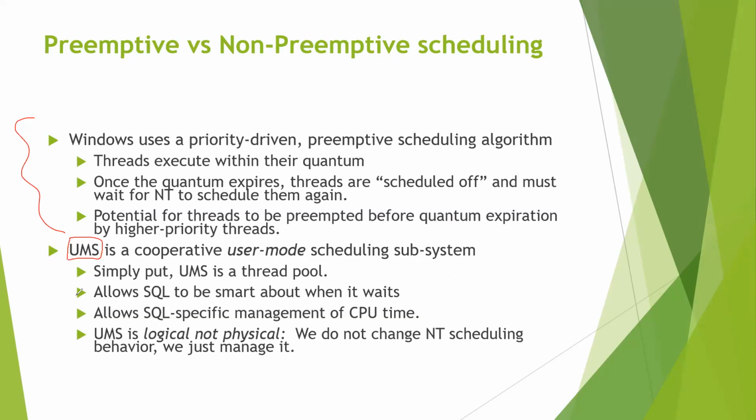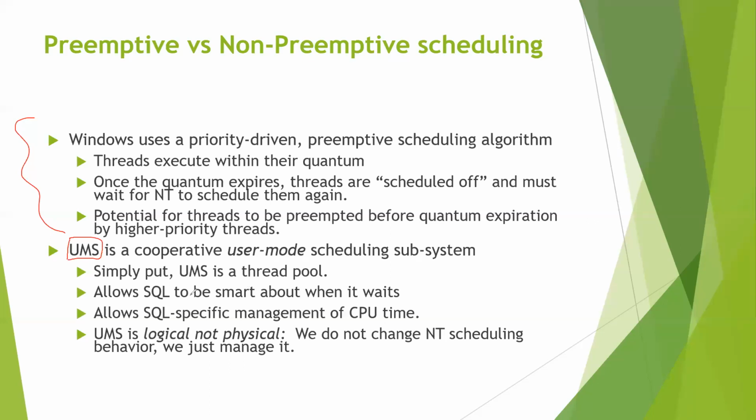In earlier versions, in 2000, we used to call it UMS. Starting from 2005, the SQL Server Microsoft product team and developers coded and implemented it as the SQL operating system.